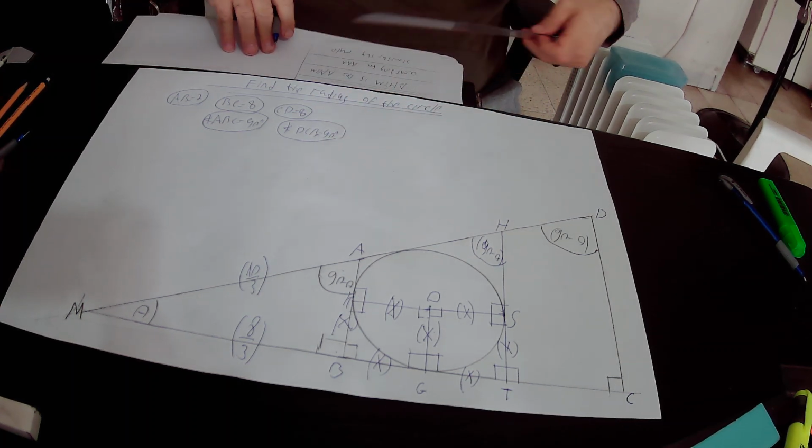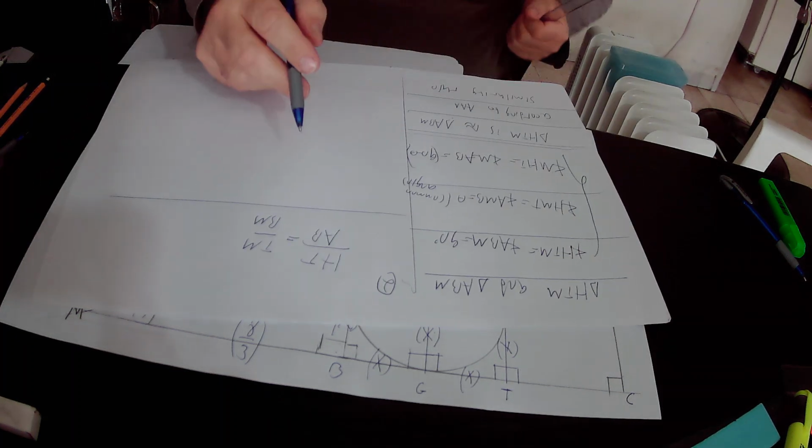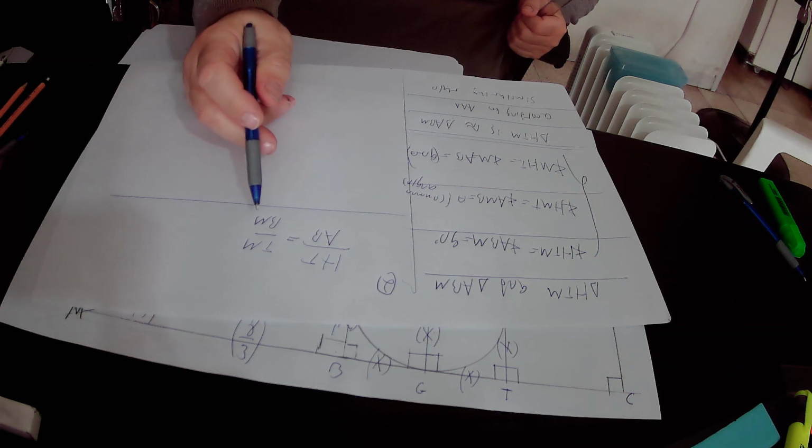Repeat again. HT over AB equals TM over BM.